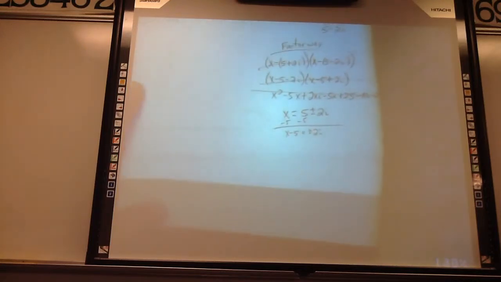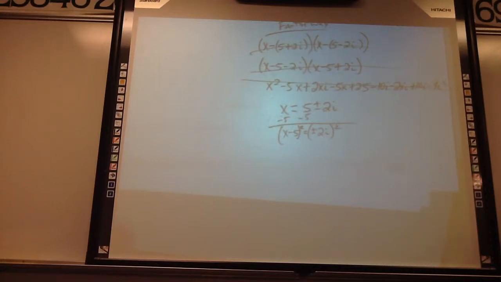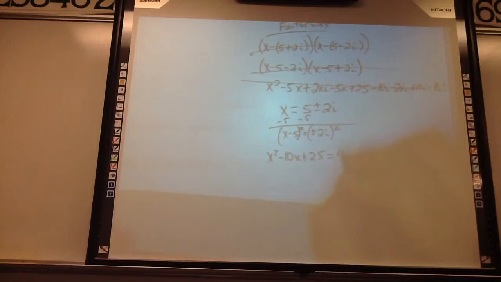So if I square both sides, x minus 5 squared, you can do that in your head now, right? x squared minus 10x plus 25 equals 4. 2 squared is 4. i squared is i squared, so that's really negative 4.